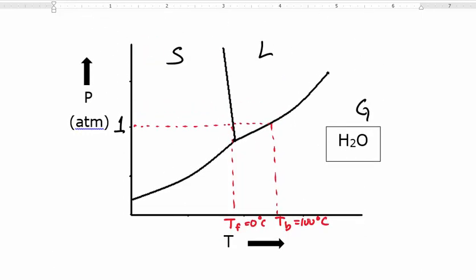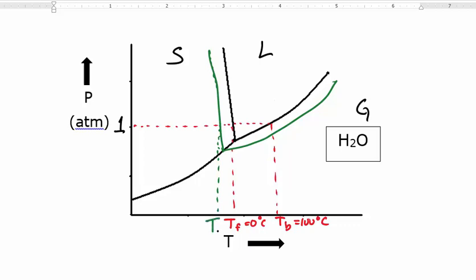When you add a solute, you lower the lines. You lower this line, and you change that line, and it shifts those two lines that are in equilibrium with the liquid over a bit, which means that now you have a new freezing point.